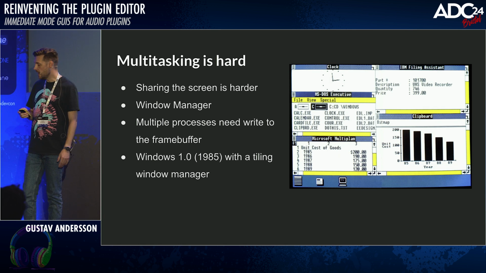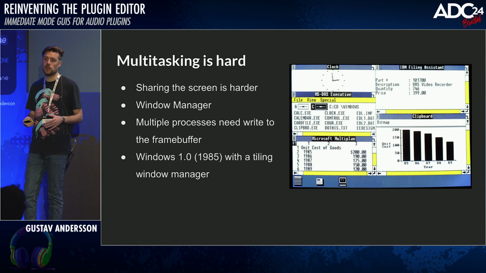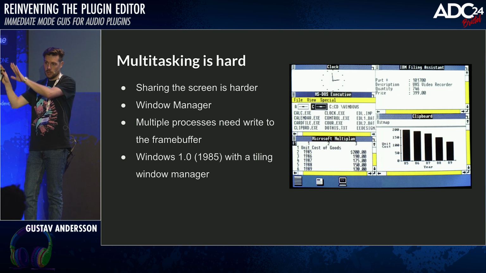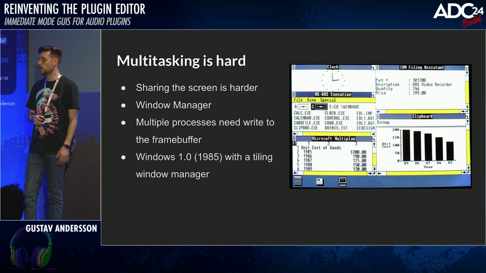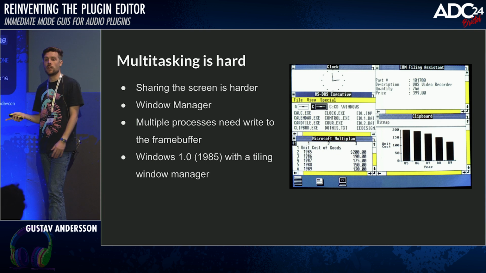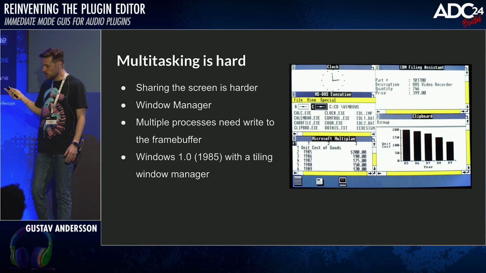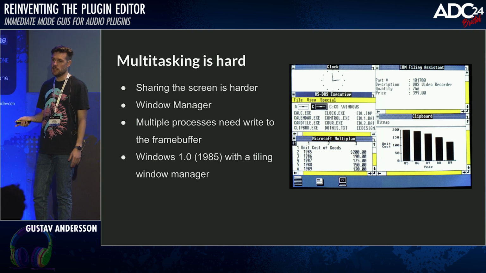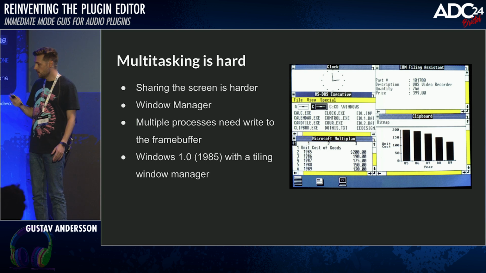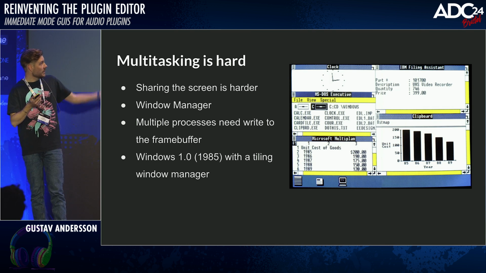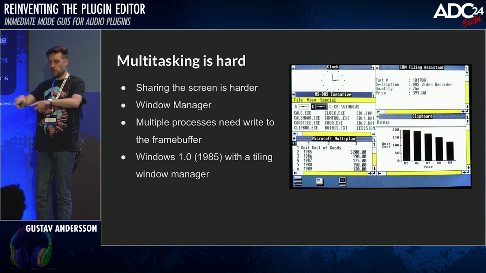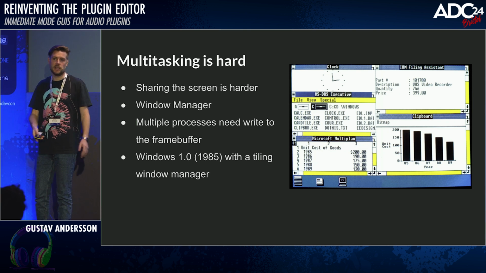And it had what is known as a tiling window manager, where windows are side by side. And that means that windows can't actually overlap. And the reason why is because all the windows write into the same frame buffer. So the window manager has to tell, for instance, the clipboard window that you get this part of the buffer. You can only write into that buffer. And if you write outside of that, it's a complete mess.